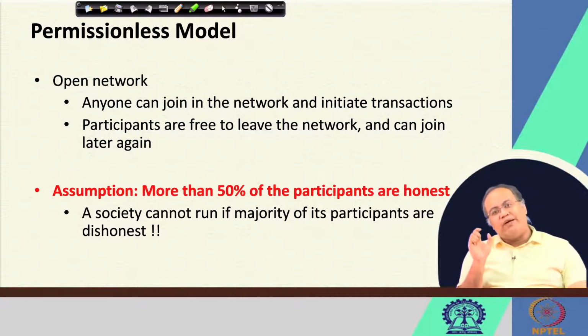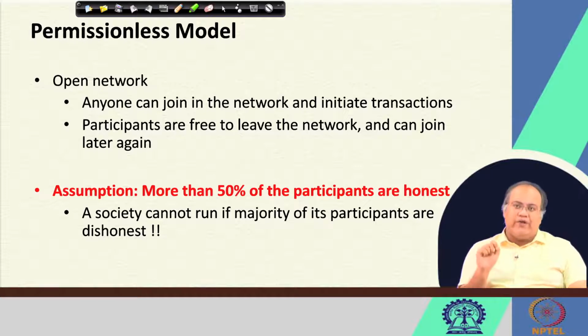So, this is the prime idea that an open blockchain network assumes, and the entire design of the consensus mechanism and the security of the blockchain network is based on this particular assumption, that you can have at most 49% of the participants as dishonest participants or attackers. The attacker cannot gain control over more than 50% of the participants, and as you can understand, this is only possible when you can ensure that your network is really very large.